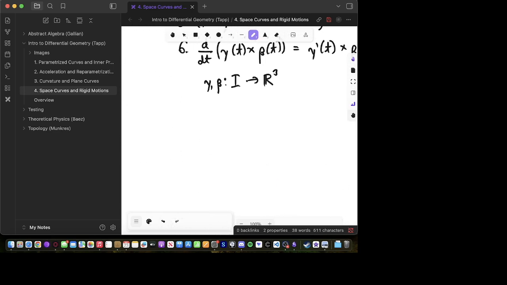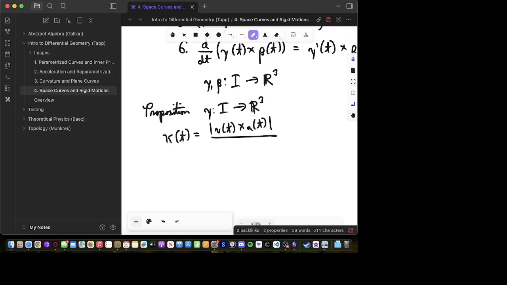So let's move to a proposition. So if we have a space curve gamma from I to R3, then the curvature is equal to this.